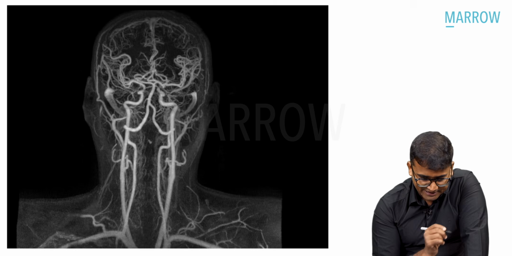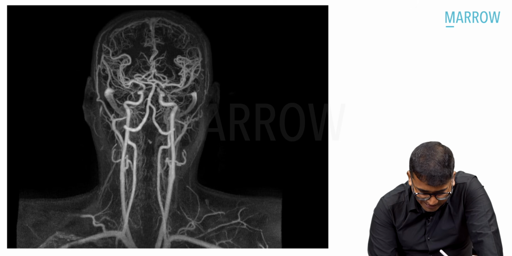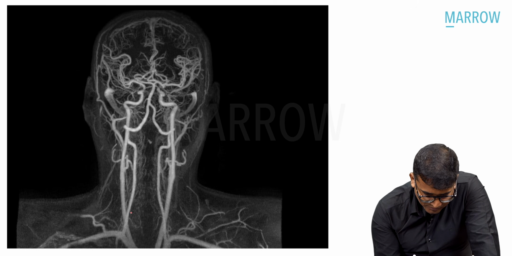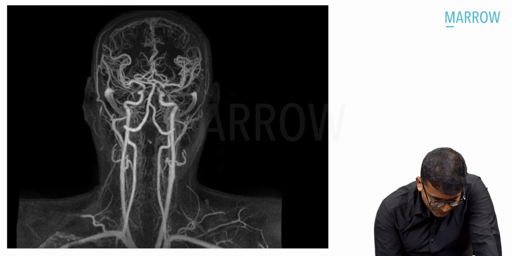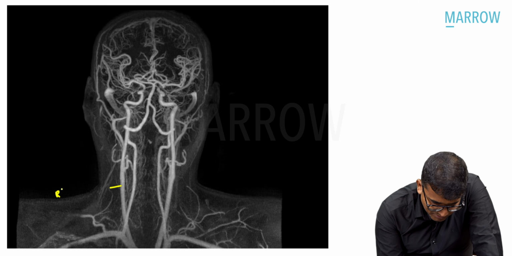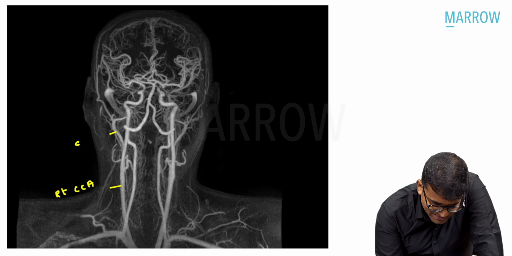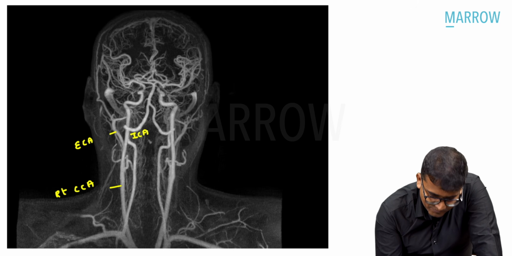Now, see the diagram. In the diagram you are seeing the arteriogram, you are seeing the arteries. Now, this is your right common carotid artery, and the right common carotid is dividing into the external carotid artery and the internal carotid artery.